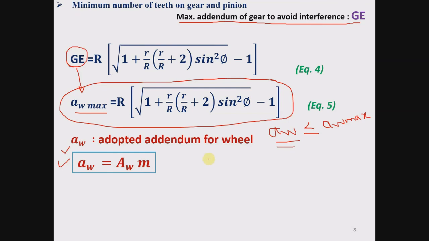Addendum is always expressed as addendum coefficient times the module. For all the gears, addendum is always expressed as addendum coefficient times the module. This capital AW is called as addendum coefficient for wheel.